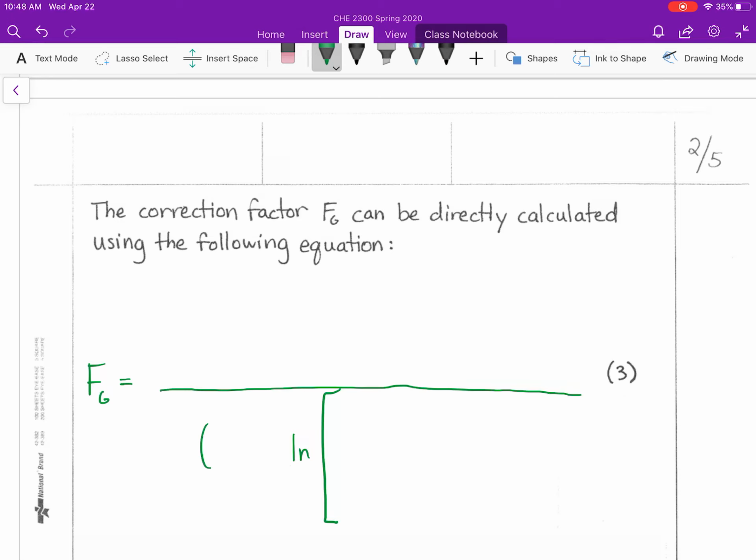On the denominator we have c minus 1 times the natural log of 2 minus eta sub h, that is multiplied by z plus 1 minus z squared plus 1, that is going to be raised to the half power.